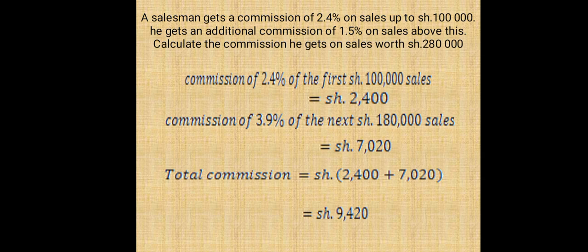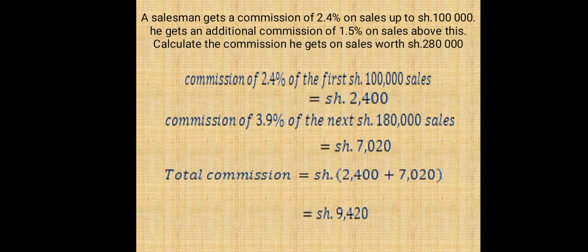Now, look at the statistics. A commission of 2.4% is gotten on the first 100,000 of the sales. This cumulates to 2,400 shillings. Now, a commission of 3.9% is gotten on the rest of what is sold. That is 280,000 minus 100,000, that is 180,000.